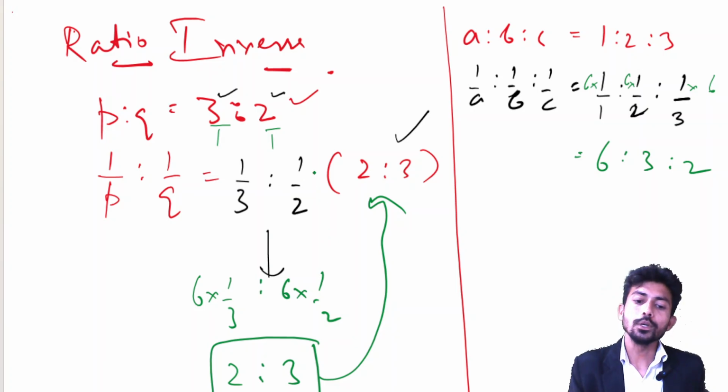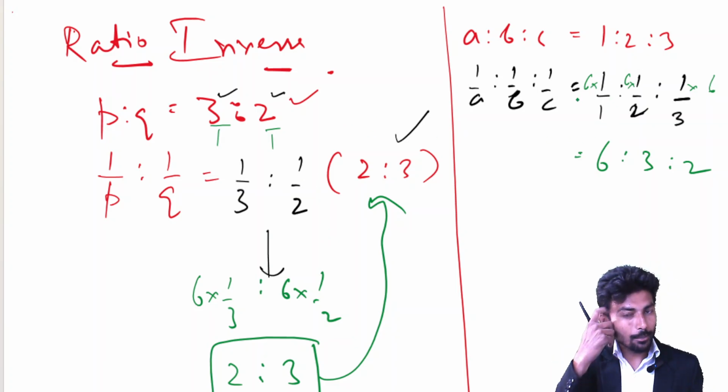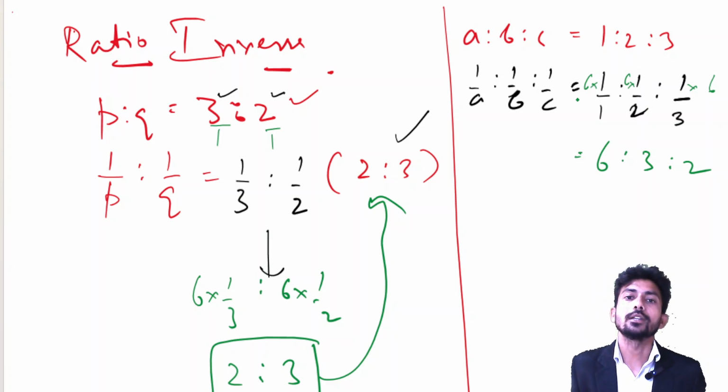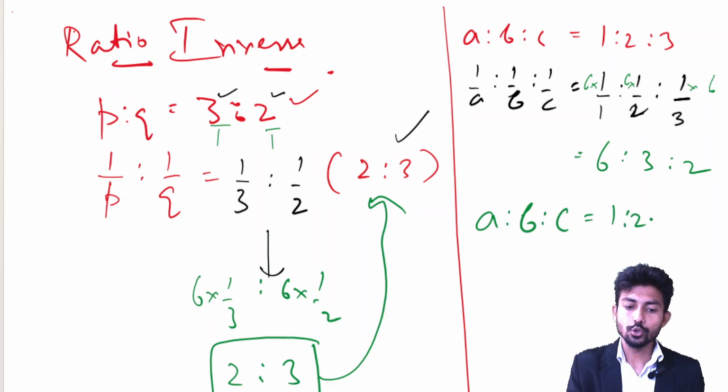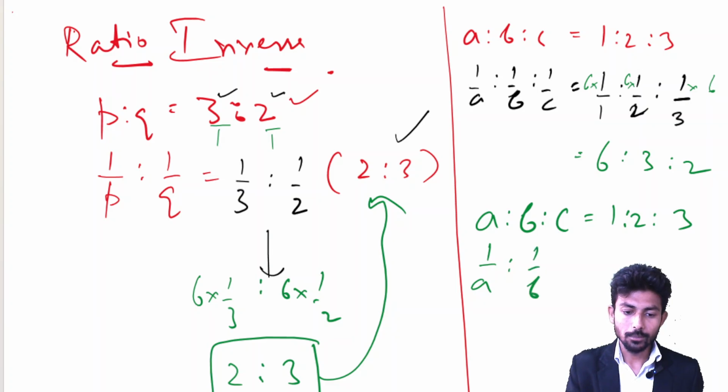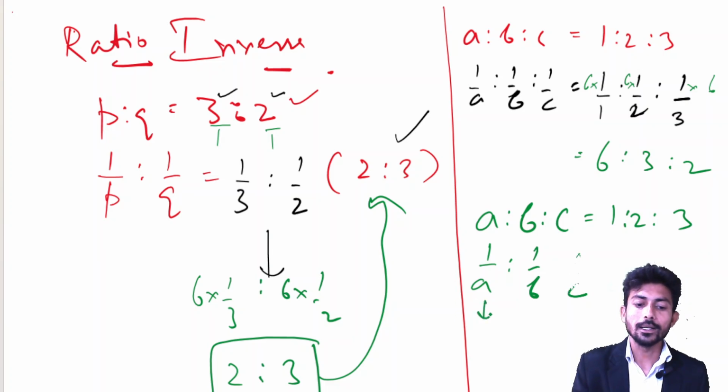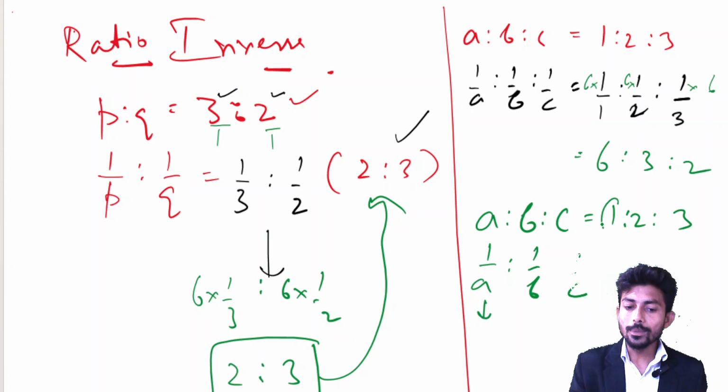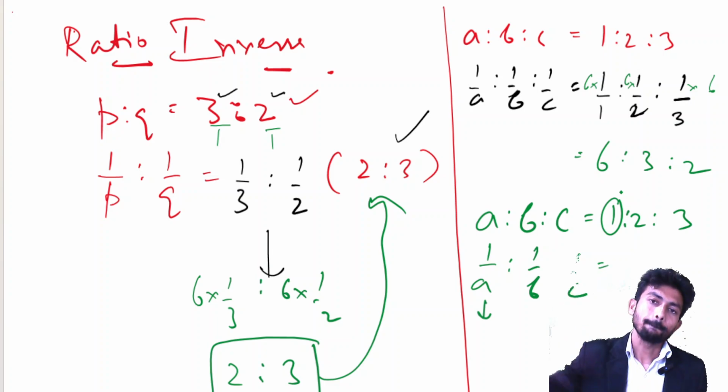Now rather than doing all this, we have another method by which we can find the ratio of the numbers. If A, B, C were in the ratio 1 ratio 2 ratio 3, and we have to find the inverse ratio 1 by A, 1 by B and 1 by C, when we are interested in the first part, 1 by A, we will hide this part and multiply the rest of the other numbers.